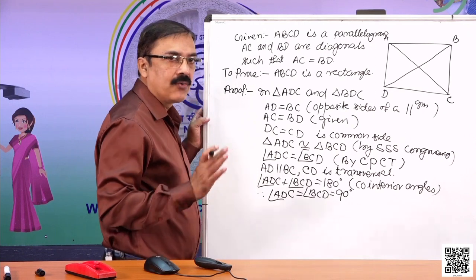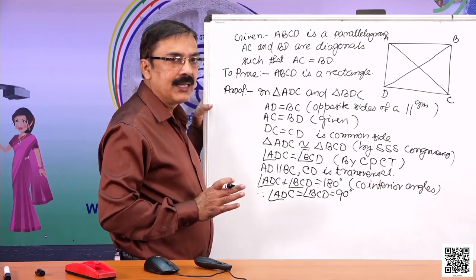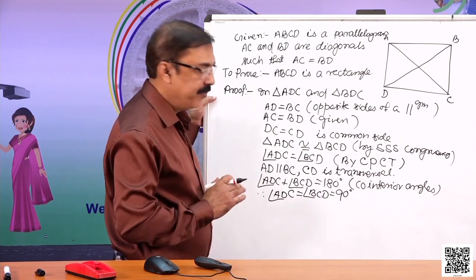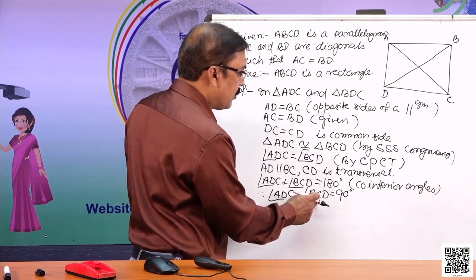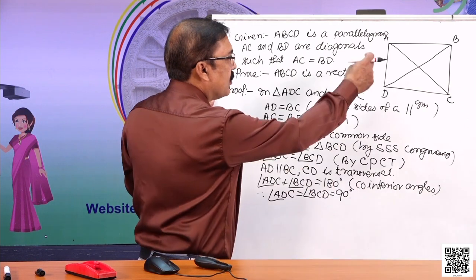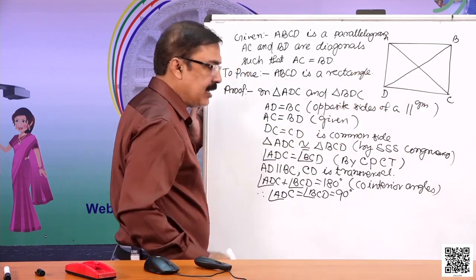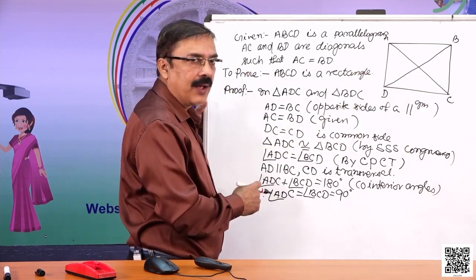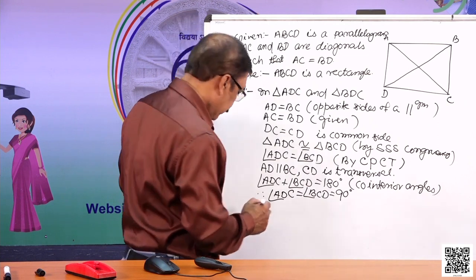As both are equal and their sum is 180 degree, so each is half of it. As one of the angles is 90 degree of a parallelogram, then it is a rectangle.